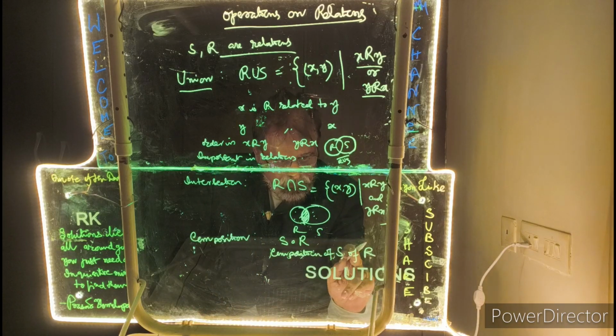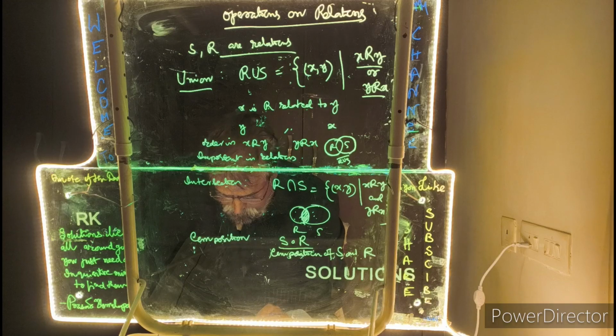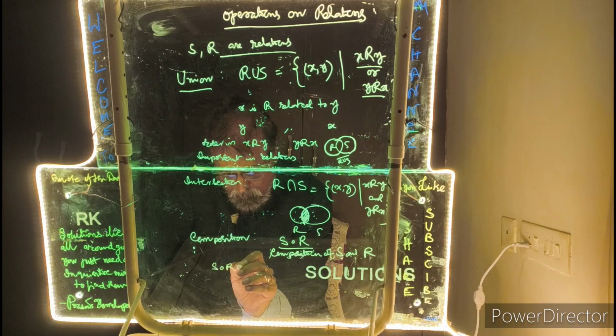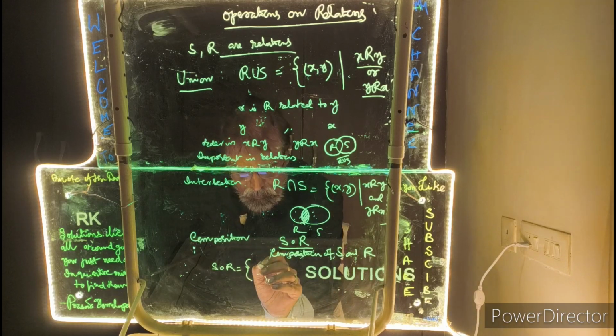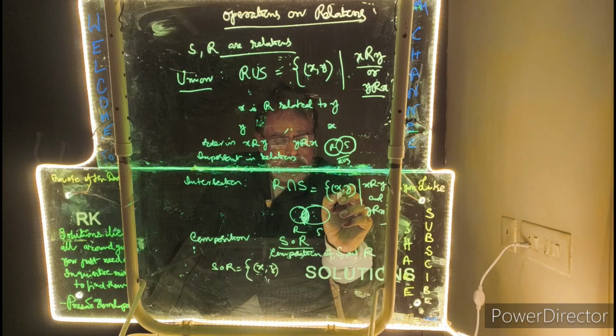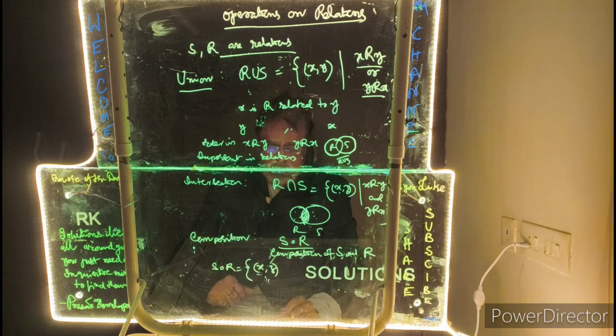Composition of S and R, and this is how it is represented: S small circle R equals the set of pairs (x, z). Note this difference here: so far we have used x and y, and we are using z here.